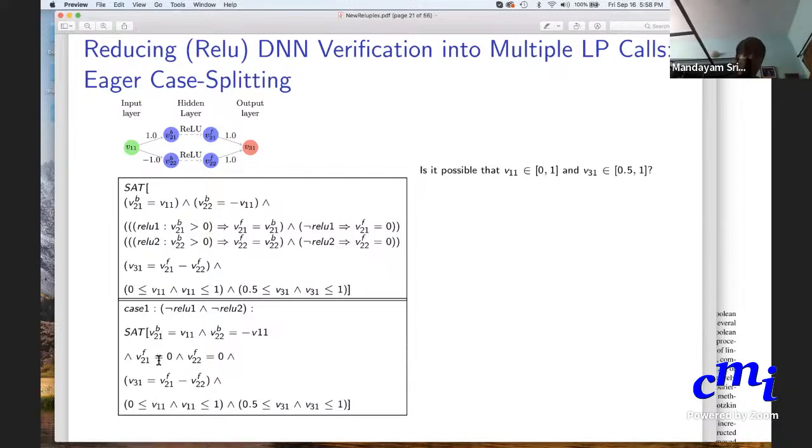Which is what you will have to do in order to reduce that into an LP problem.